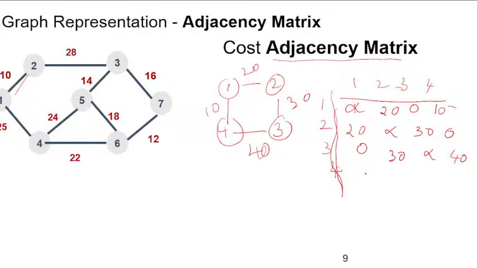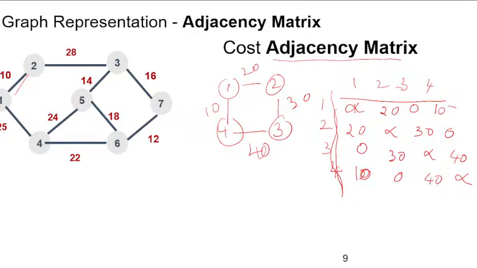And here 4 to 1, 10. 4 to 2, 0. 4 to 3, 40. 4 to 4, infinity. So this is the adjacency matrix of the graph.